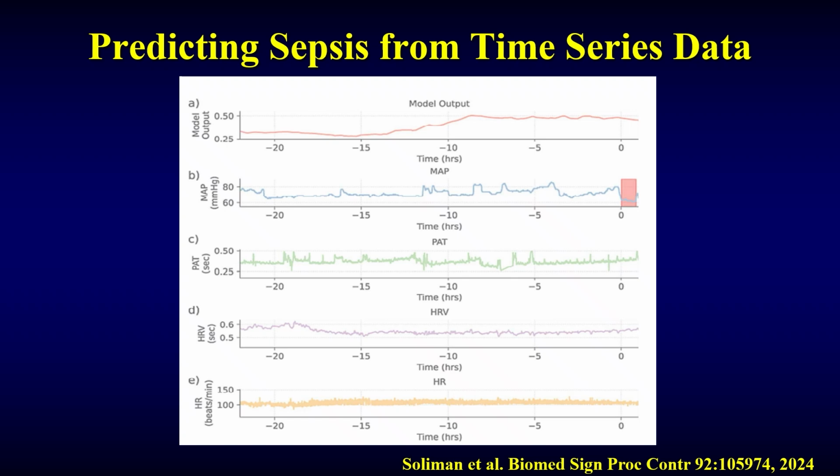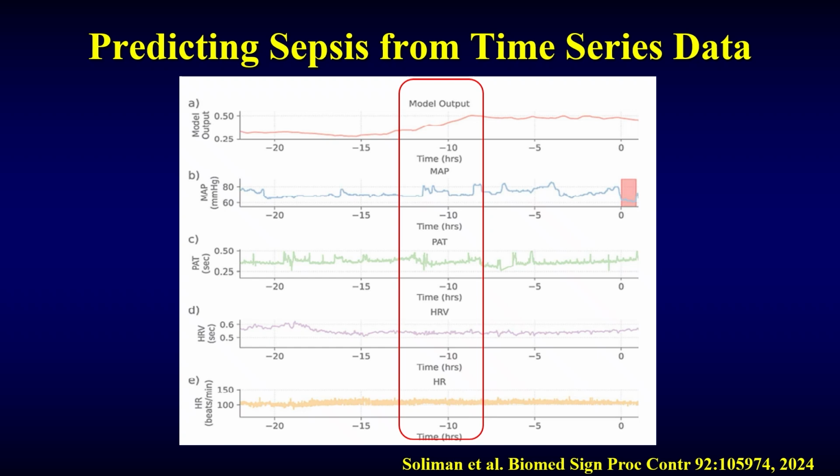As you can see, the model didn't hear anything right away, but heart rate variability, shown here in panel D, started to fall. Importantly, the model started to pick up that there was a probability of sepsis coming on when the pulse arrival time fell. And that's important because peripheral vasodilation is one of the earliest manifestations of sepsis that we see.